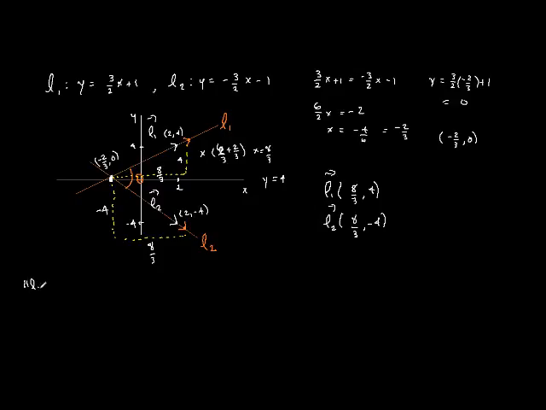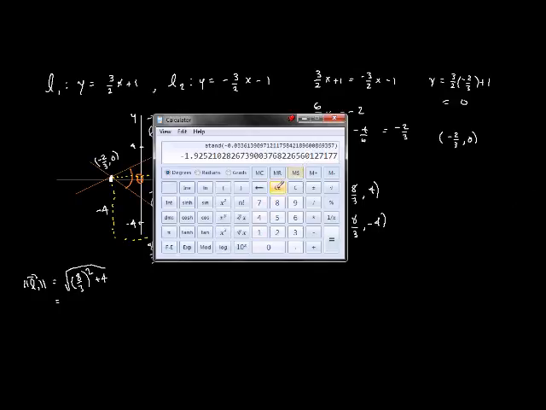So the magnitude of L1 is the square root of 8 over 3 squared plus 4 squared, and let's pull out the calculator. 8 divided by 3, squared, plus 4 squared, square root.